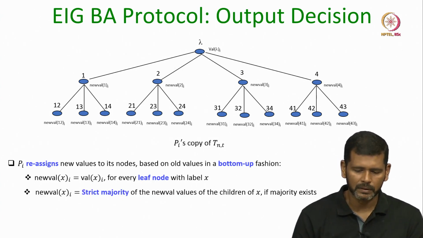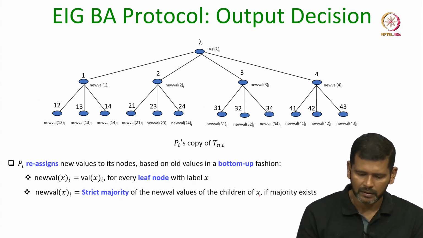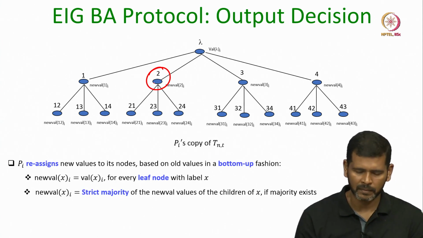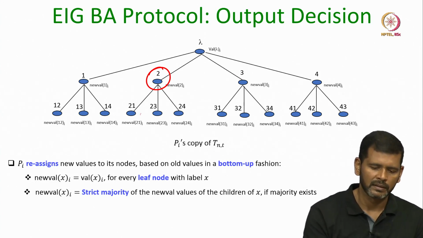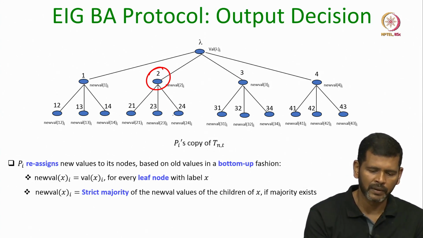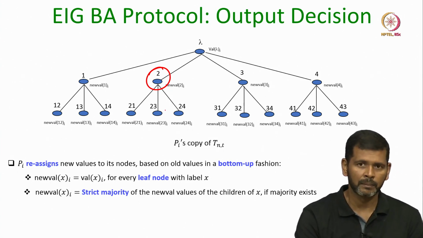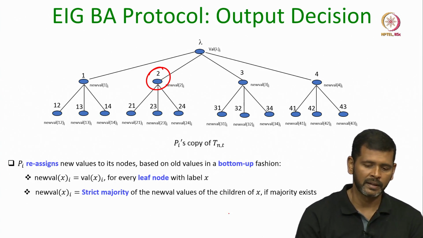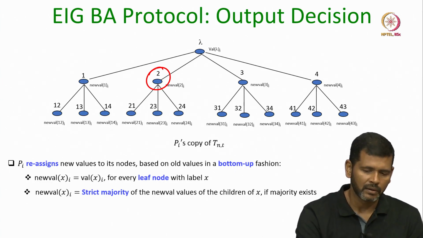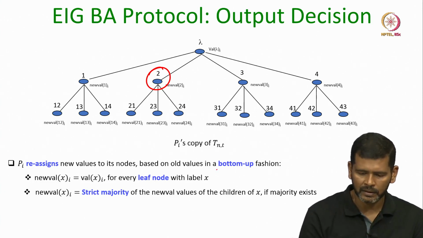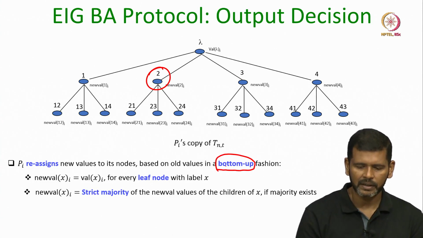As we go up, if we take a node with label x, then the new value for that node is the majority of the recomputed values of its children. Those values would have already been recomputed for the children of the node labeled x, because we are doing the reassignment in a bottom up fashion.